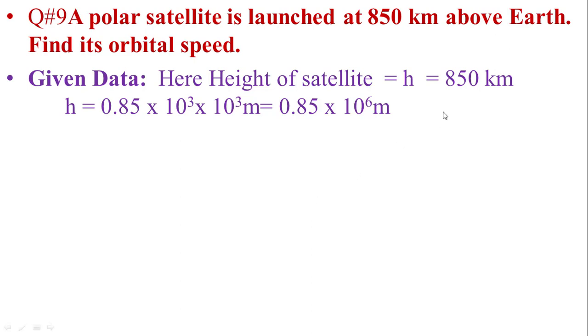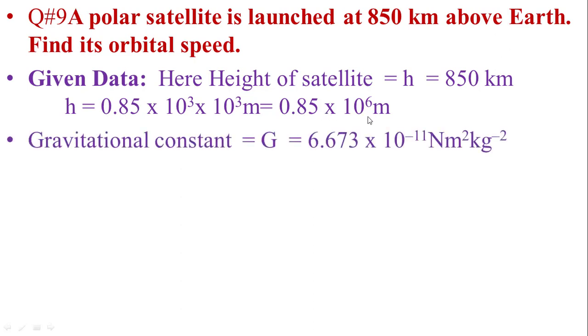So we can move the decimal place from this point to this point, becomes equal to 0.85 multiplied by 10 to the power 3, and 1 kilo is also equal to 10 to the power 3. So final answer is 0.85 multiplied by 10 to the power 6 meter.